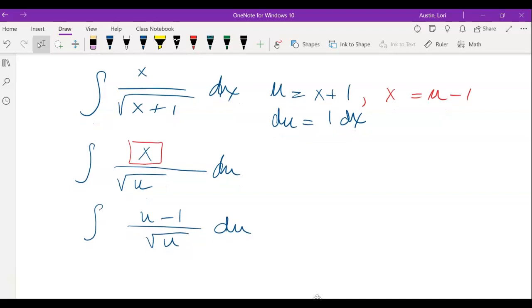All right. I don't have a quotient rule for integration right now. This is where your algebra comes into play. At this point, you need to know your algebra, right? Can you figure out a way to take that fraction and to break it down?